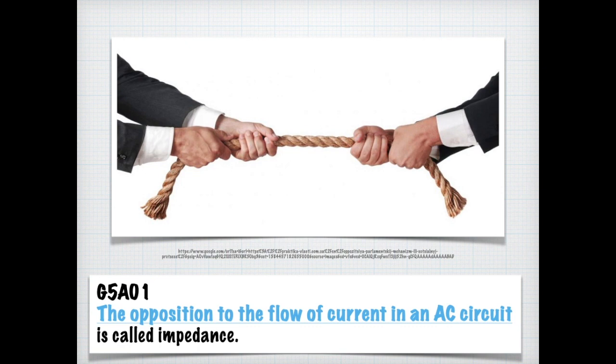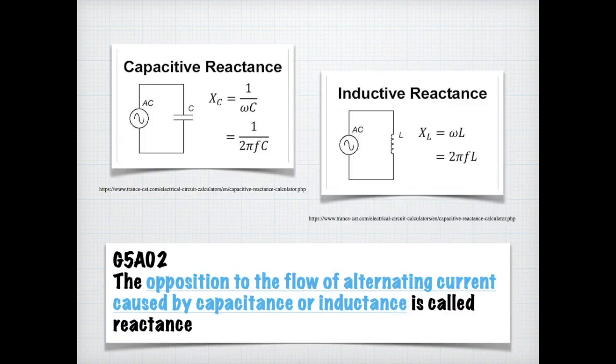For the exam, we also need to know that the opposition to the flow of alternating current caused by capacitance or inductance is called reactance. Here again, I'm showing you the formulas. You don't need to understand them. It's just there as something to visualize that, whew, I don't have to remember that, but I do need to remember capacitive reactance and inductive reactance and how it affects things.